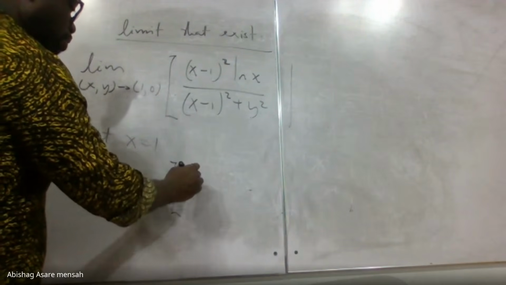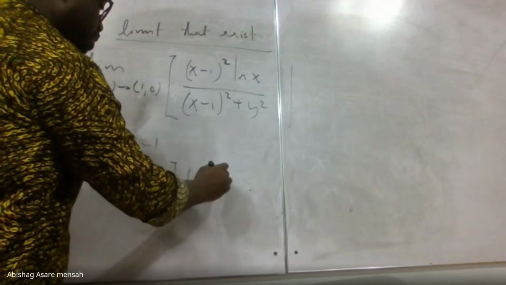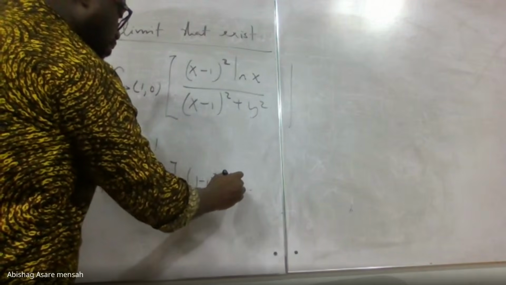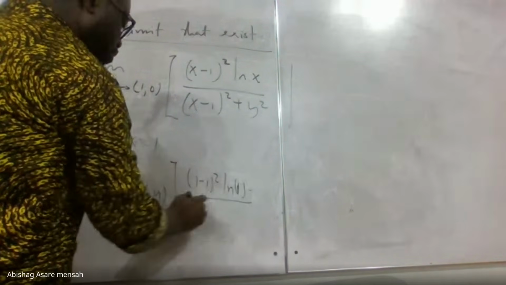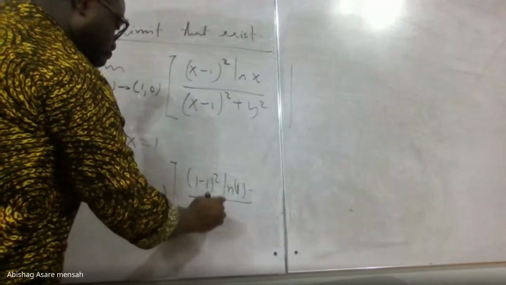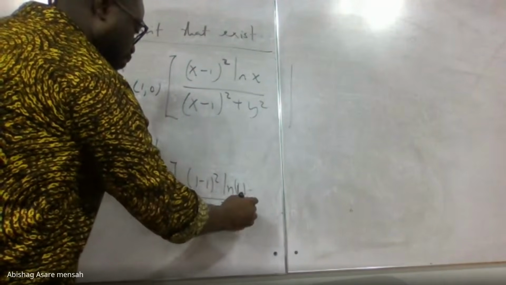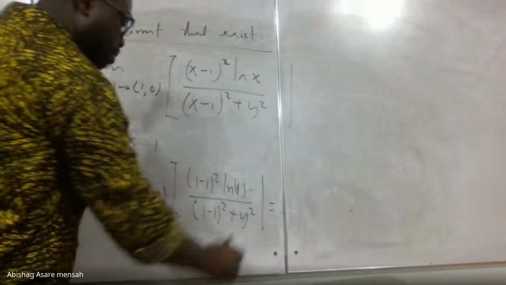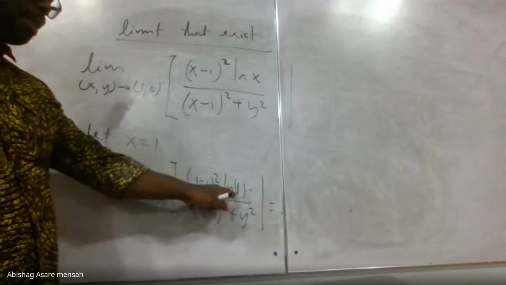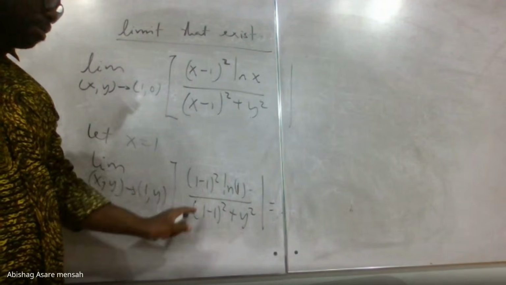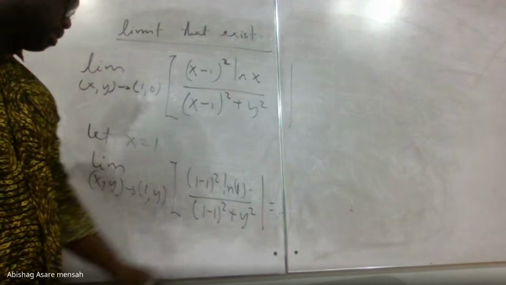So it will be (1 minus 1) all squared, then y over (1 minus 1) all squared plus y squared. So this one will be 0. This whole thing will be 0.